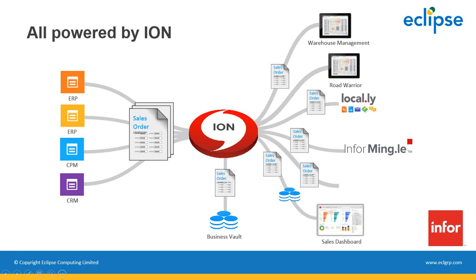So in real terms, it's probably more likely that Mingle will be implemented as a complementary platform or complementary set of technologies to one or more Infor back-end applications. And as we said, because Ion is fundamental, in order for Mingle to work, then of course Ion will also need to be purchased or implemented as part of the Mingle implementation.